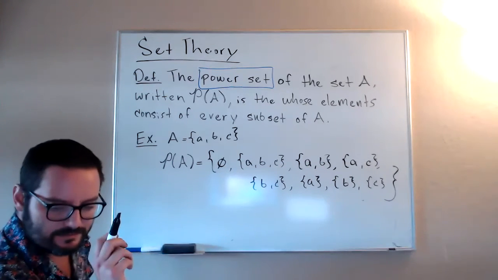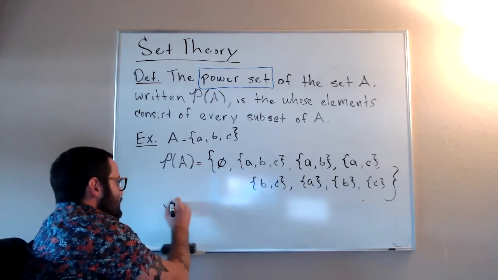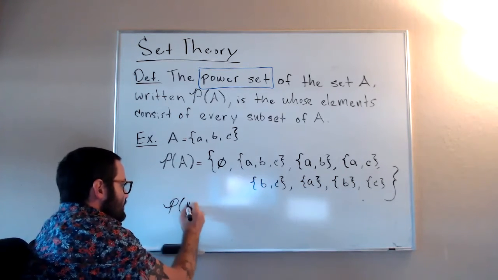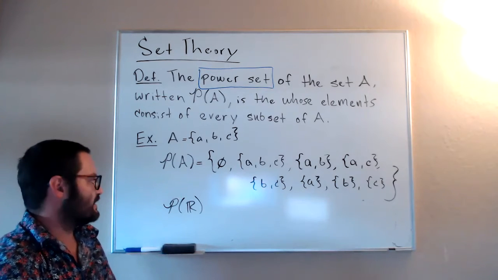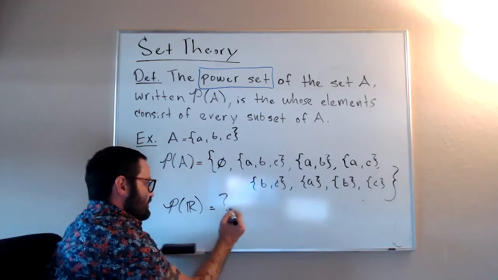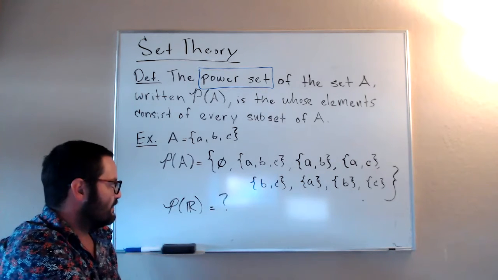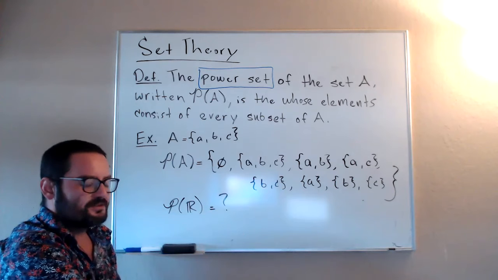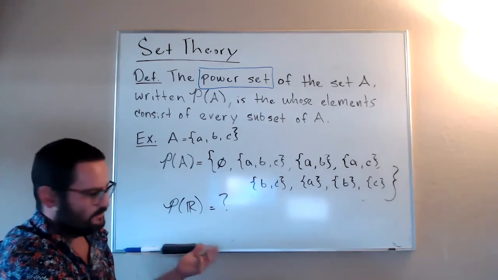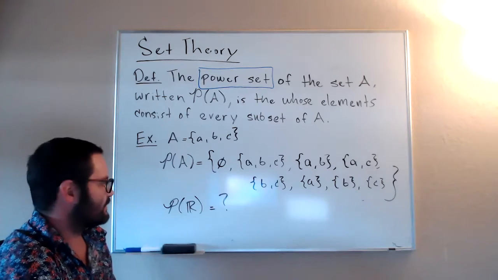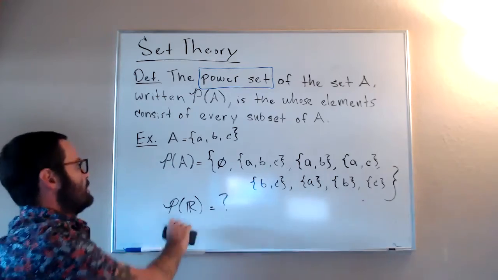Now imagine, just try to think about what the power set of the real numbers would look like. It's impossible to wrap your head around really, right? There are so many real numbers, and every possible subset of real numbers would make up that set. So this is a very large set. Okay?